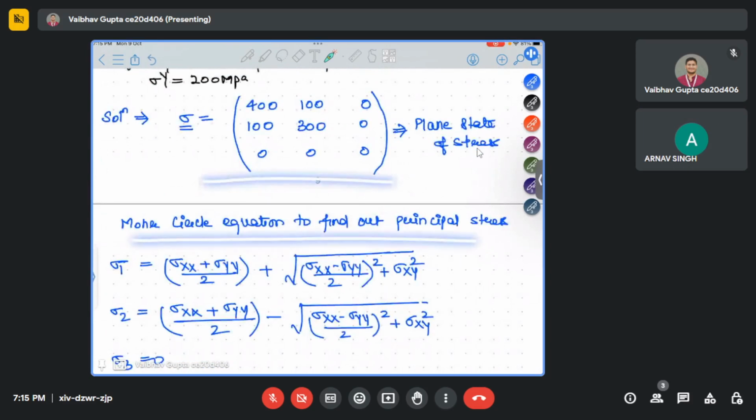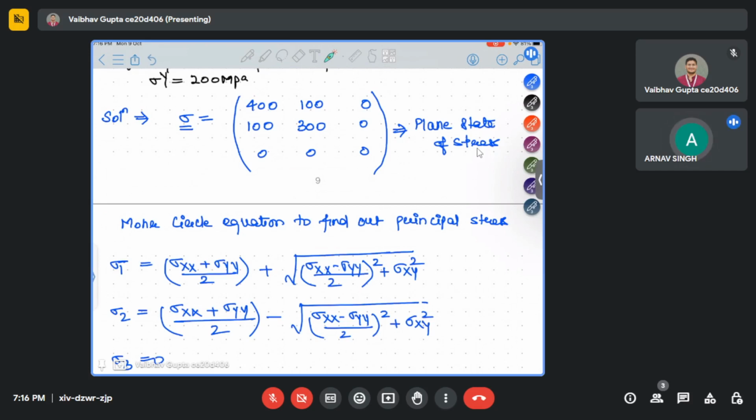You have two options: either use the Mohr circle equation, or use the cubic equation derived from the principal invariants.